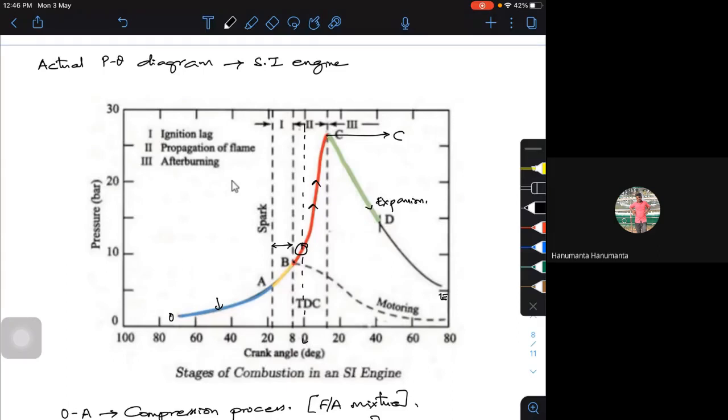If the temperature of the fuel air mixture causes an auto ignition, even though I'm trying to start the ignition at point B, it may start at this particular point, just before your ignition itself. A small part of the compressed air fuel mixture burns prematurely. It was supposed to start at point B, but before your spark is ignited, it gets auto ignited.